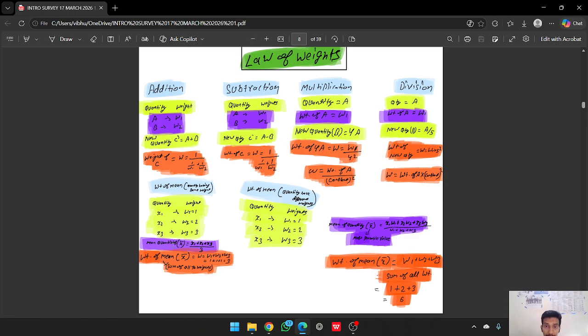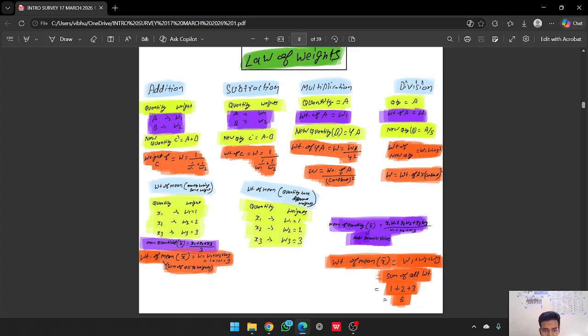But here we have to calculate the weight. So the weight of the mean will be the addition of all weights, meaning 1 plus 1 plus 1, which is 3. Similarly, here the law follows addition only.